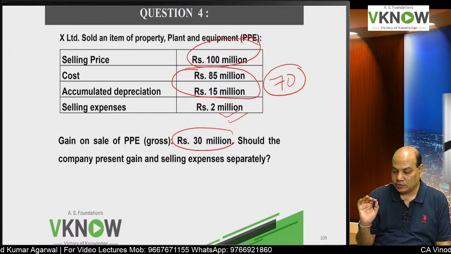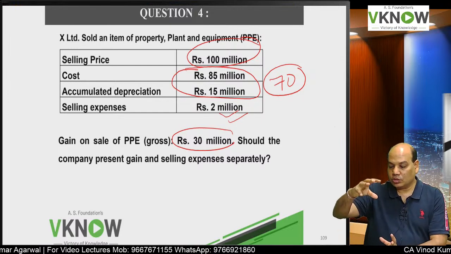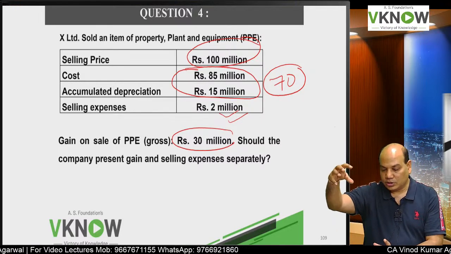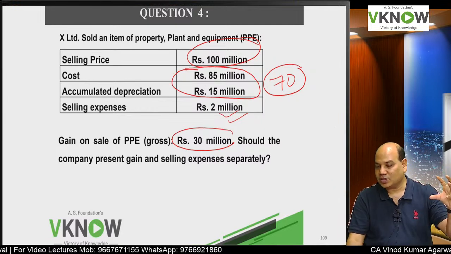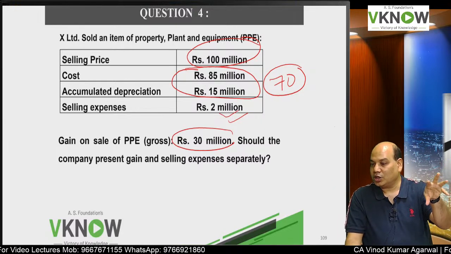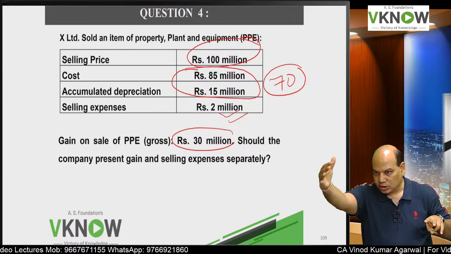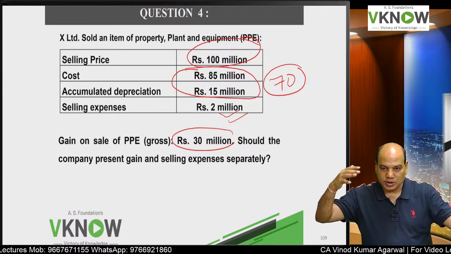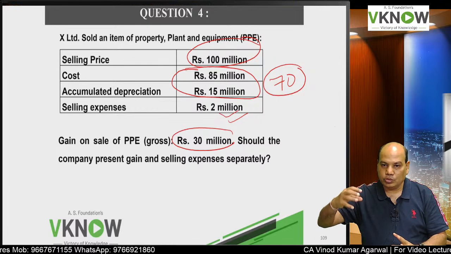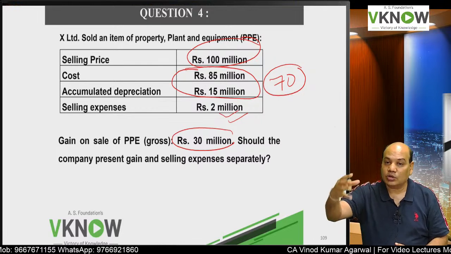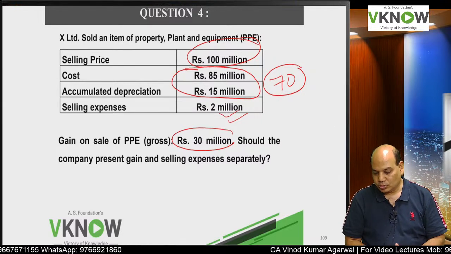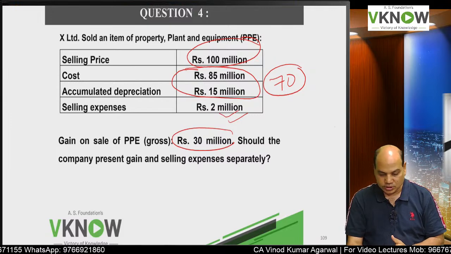Now the question is, will you show profit on sale of PPE 30 million and on the expense side, selling expense relating to PPE 2 million, 30 gain, 2 expense, or will you show 28 gain on sale of PPE? Should the company present gain and selling expense separately?